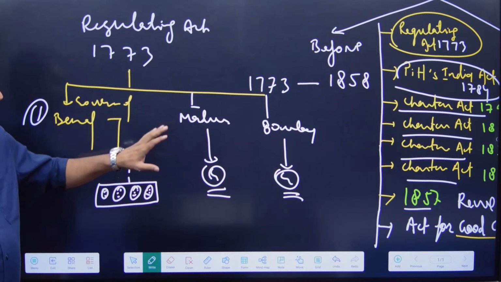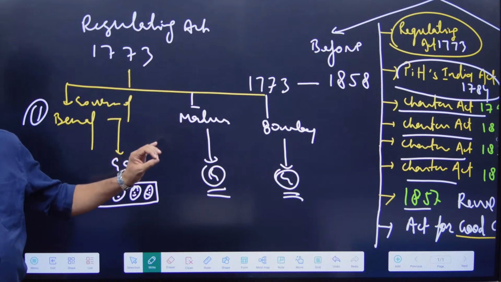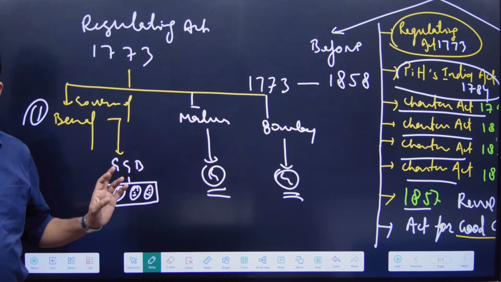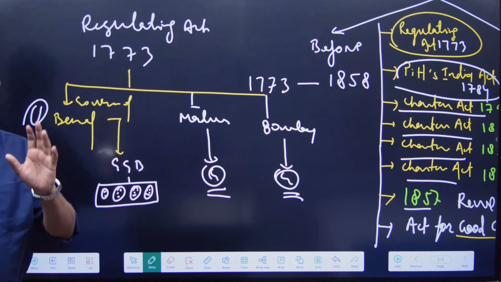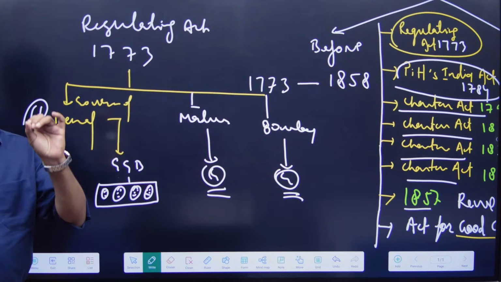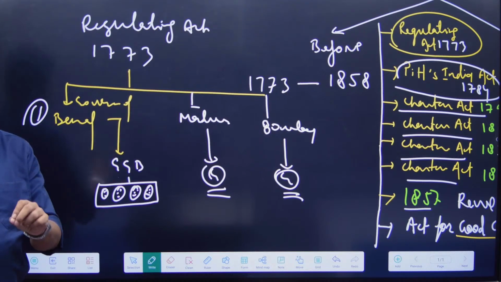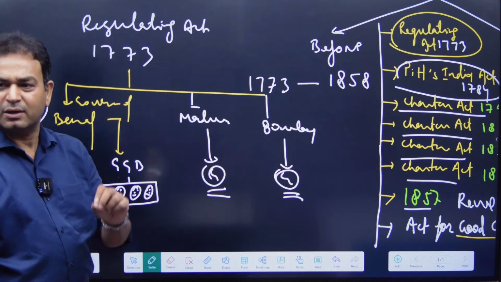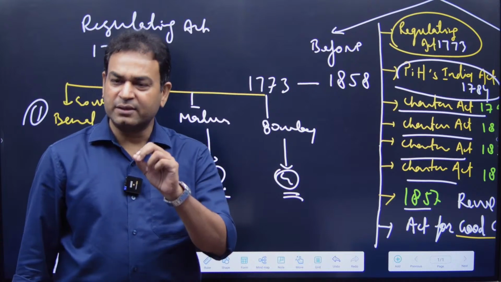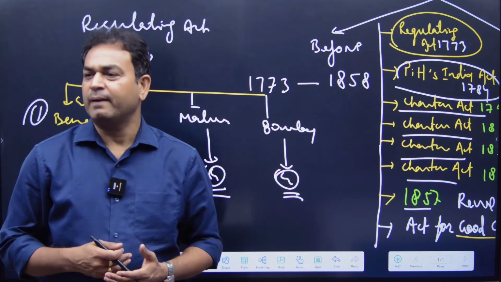It means before 1773 each presidency was having a governor working independently, but due to lack of coordination there was corruption, mismanagement, misgovernance, maladministration. So to tackle this problem, the British Parliament enacted the 1773 Regulating Act, and in this Regulating Act they tried to consolidate the system.